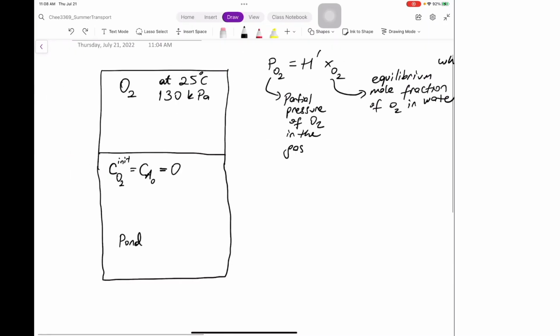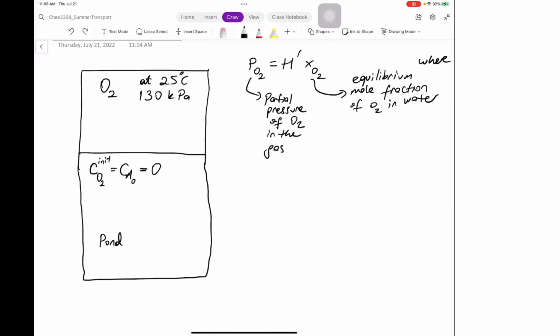Now, how can we solve this problem? This problem basically looks like our heat transfer problem where you have a semi-infinite wall. The heat is diffusing through a semi-infinite wall. Actually the size of the pond is not given, but apparently we are curious about the oxygen concentration at a tiny depth, like 2 centimeters.